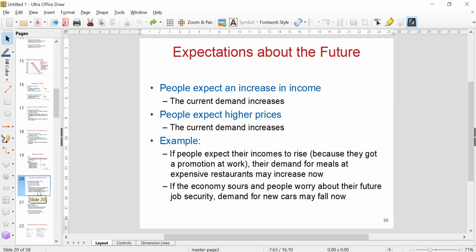Now, expectations about the future also affect people's demand for products. If people expect an increase in income, the current demand increases for products. Let's say you're a student now, and by the end of the third year you may have an offer, let's say, from an accountancy firm, and your wages now, part-time, are 18,000 a year.